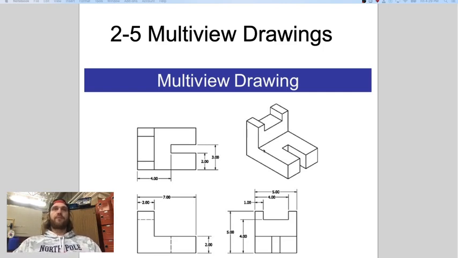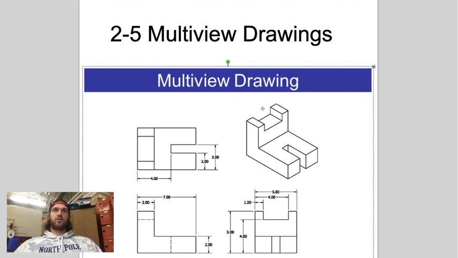Okay, let's take a look here. So what we're doing is we've got this little part here that you guys are going to be able to draw in Autodesk Inventor soon enough. But in your multi-view drawing or your multi-view sketch, you are going to want to make sure you have each of the views labeled. So let's go ahead and do that now.